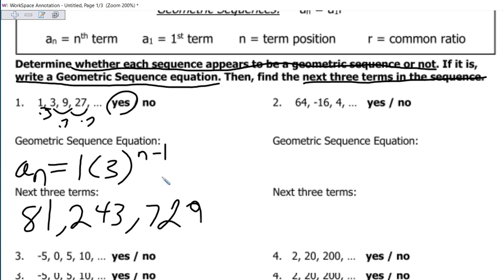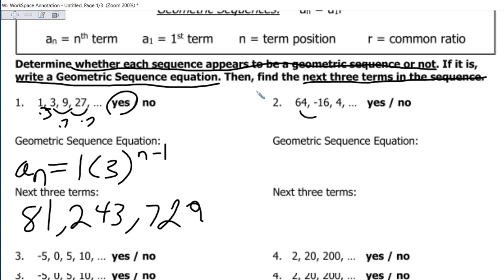All you have to do is hit multiply times 3, and it'll automatically pop out the answer. You don't have to type in 243 times 3. If you just hit the multiplication button on your calculator, it'll automatically pop up ANS, multiplied. That ANS stands for the previous answer, and it'll automatically keep on multiplying for you, which is really cool. That's just a nice thing to know how to do.